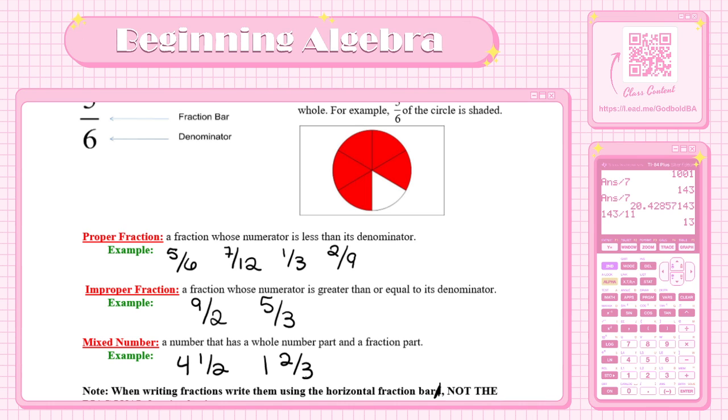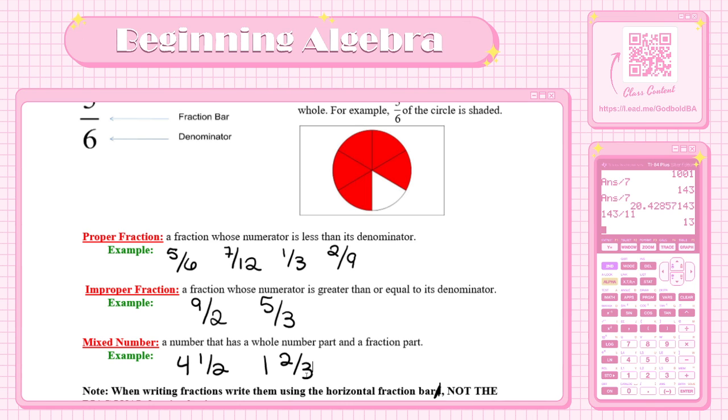Okay, I've got 4.5 apples. That's easier to think about than 9 half apples, and those two things are actually equal to each other. Or I've got 1 2/3 of a pie versus I've got 5/3 of a pie. It's a little harder to think about.